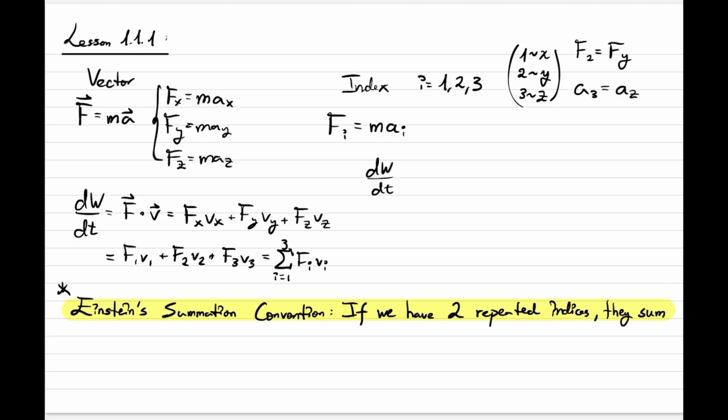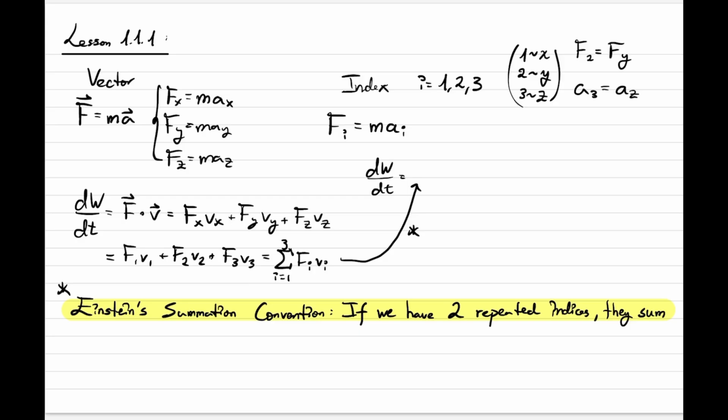Einstein's summation convention says that if we have two repeated indices, such as in this case, and they are summing, we may omit the big sigma symbol, because the fact that we have two repeated indices, it's implied that they are summing. Thus, we don't need to write this symbol.